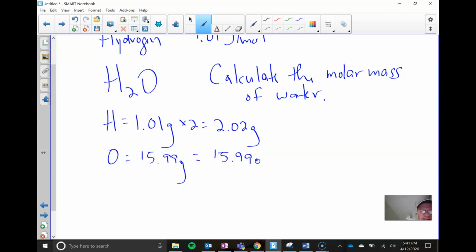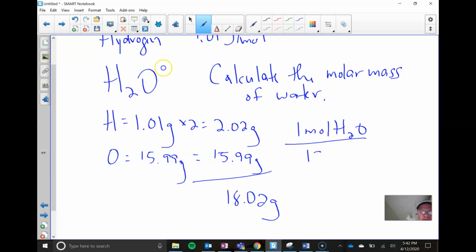So when I add that together, I get what is generally accepted as 18.02. If you spend any time in chemistry, you will come to memorize that. So 1 mole of water has a mass of 18.02 grams.